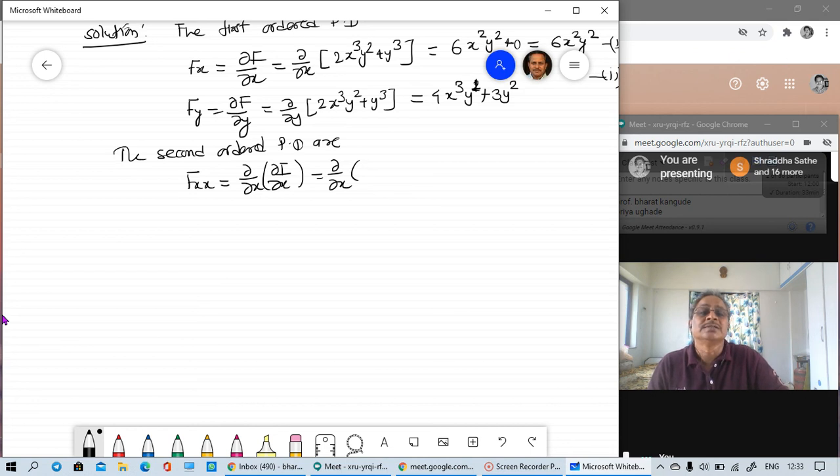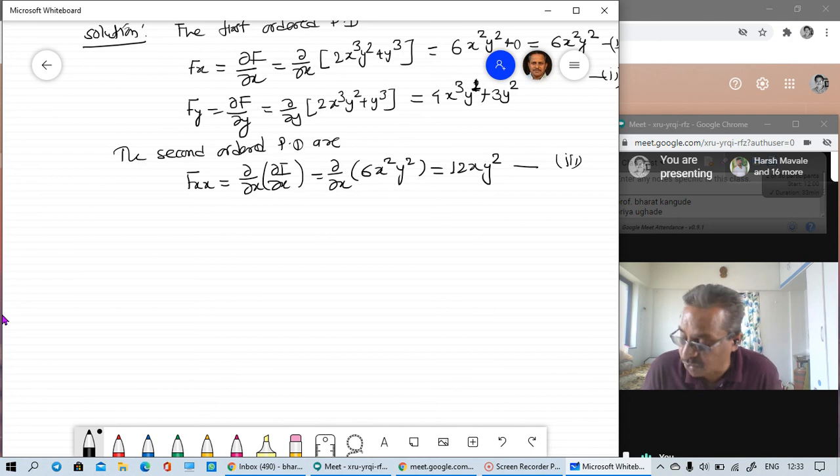So it is 6 into x square into y square. Very simple differentiation, only the differential of x square, that is twice x, twice into 6 is 12x into y square. This is my third. So I got fxx is equal to 12 into x multiplied by y square.